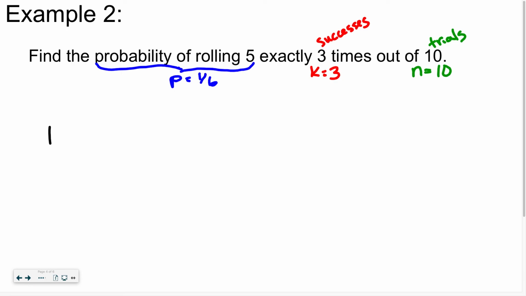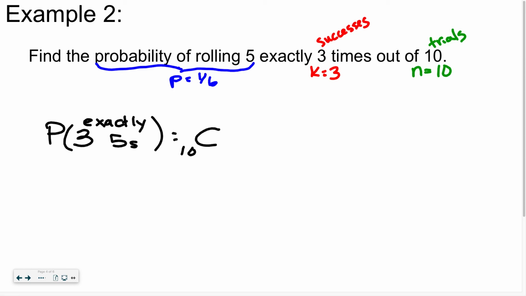So we're going to set up our formula. Probability of exactly 3 5s, like that. Okay, I'm going to do a combination of 10 choose the number of successes, which is 3, times the probability of success, which we said was 1/6, and I raise it to the number of successes.